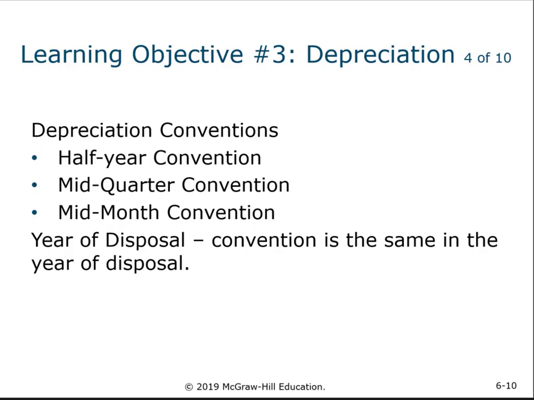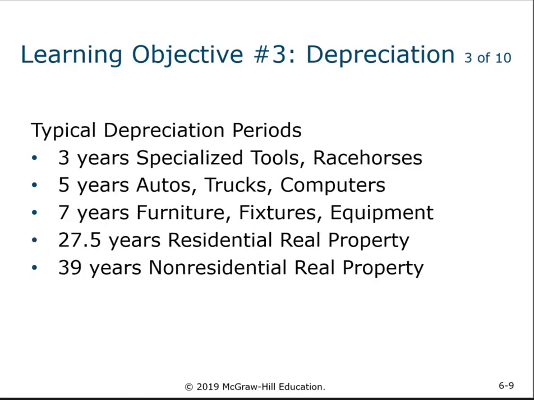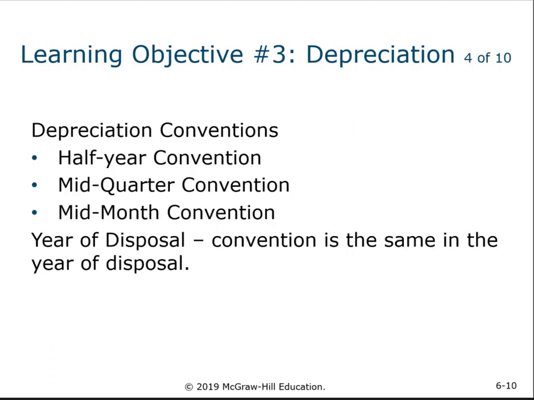And then mid-month convention applies to all assets with 27 and a half years or 39 years. So any real property goes to the mid-month convention. This applies in the year that you buy the asset and the year you dispose of it. Half-year convention simply means that we're going to take half a year of depreciation in the year we buy it, regardless of when we buy it, and a half year in the year we sell it.